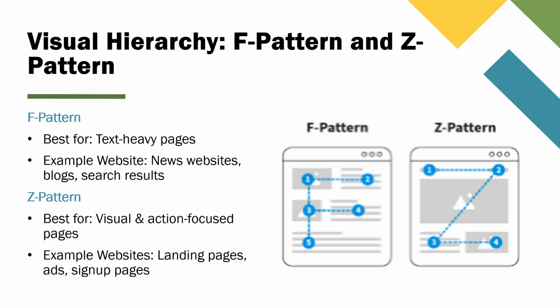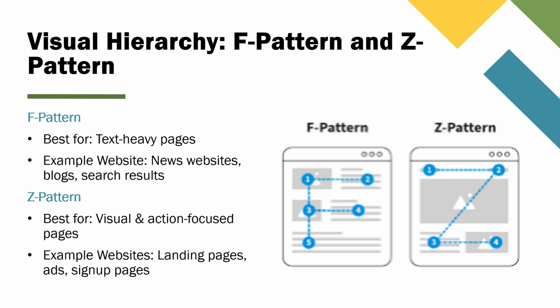Now, this scanning pattern is common when there's minimal text, and the goal is to guide the user to an action. So, how do we optimize for the Z pattern? Well, since users can scan quickly, design your layout to guide their eyes toward an action. Put key elements at the top left and top right corners, like your logo and your navigation menu. And then use a large visual or headline in the center to capture attention.